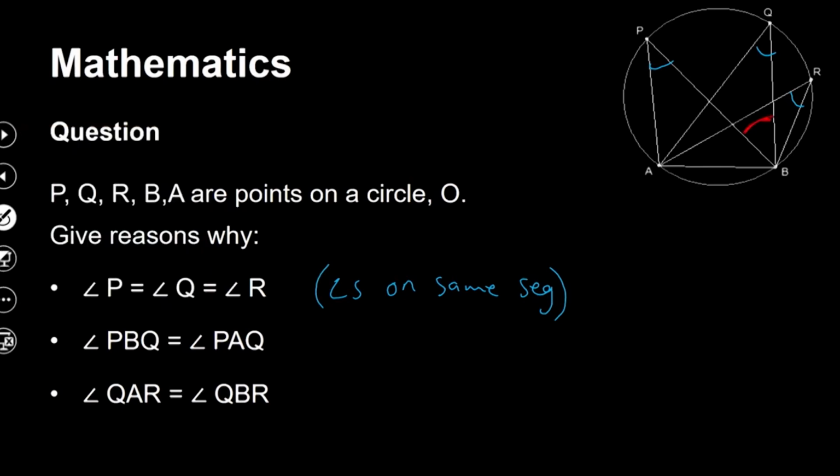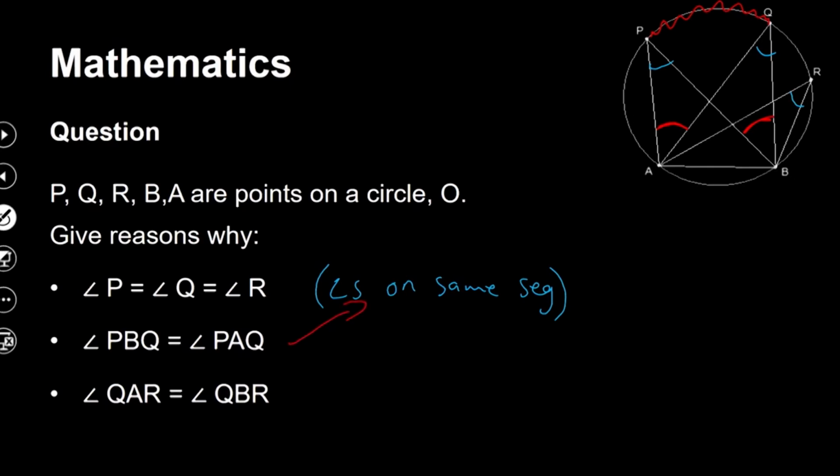This one here, PBQ, is equal to PAQ. PAQ will be this one there. So you can see also they are both subtended by that PQ there. So it will still be the very same reason as what I have up there.